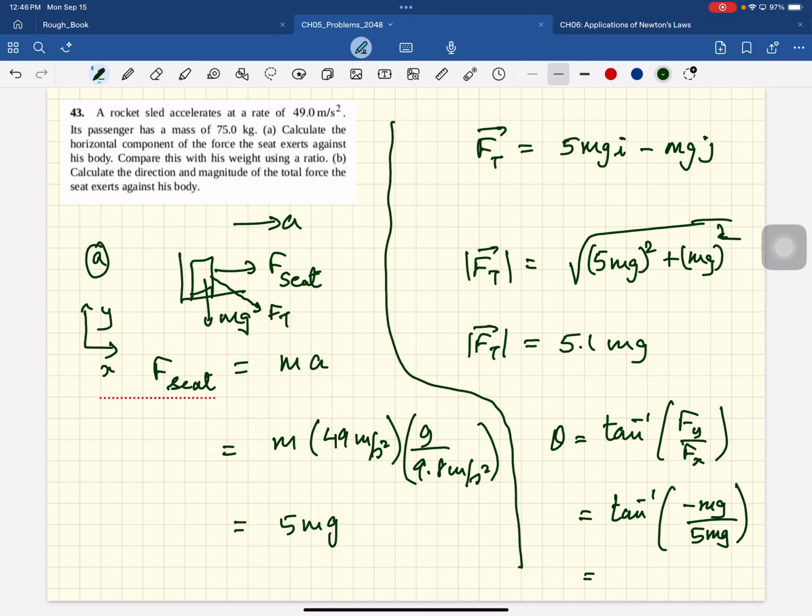So tan inverse of minus 1 over 5, tan inverse of 1/5.